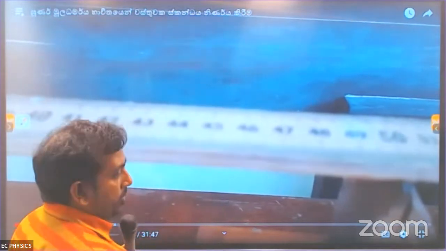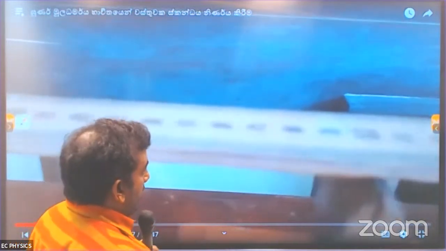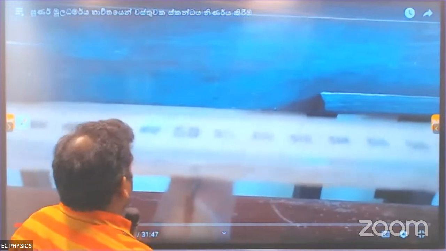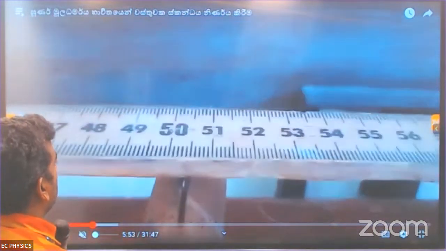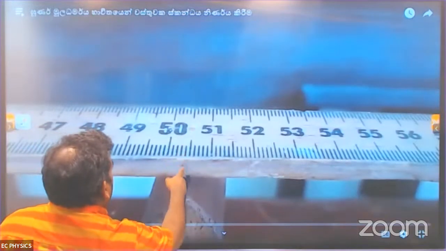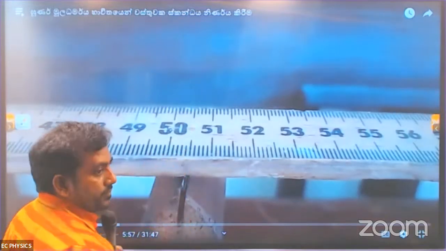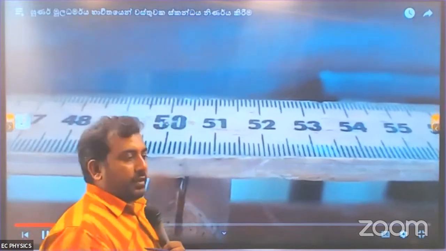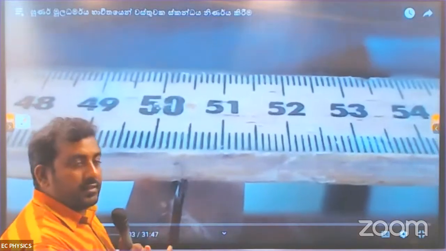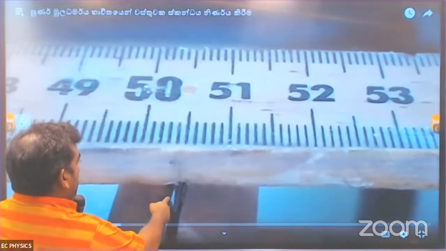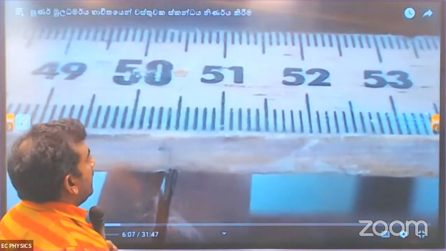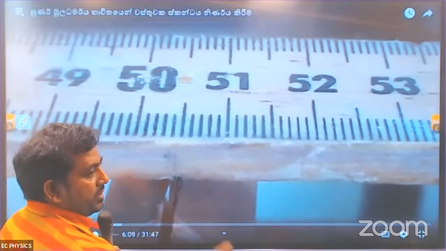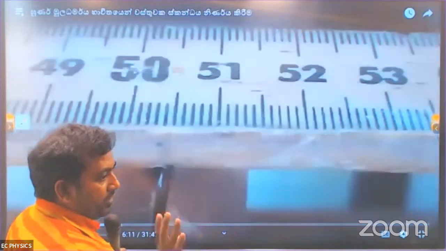If you carefully look at the knife edge, here you go, 50.5. So every time you balance it, you always keep it at 50.5. Every time you balance it, you make sure that the knife edge is always at 50.5.